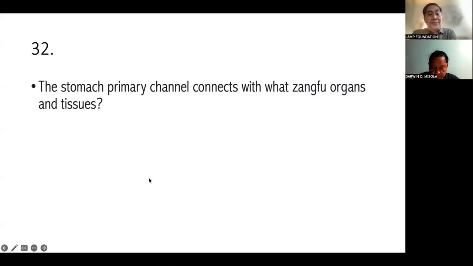When you have a stomach problem, your nose turns red. So it also connects to the nose, the eyes, and also the mouth, of course. That's why you get canker sores. Upper teeth, remember, it also connects with the breast and the diaphragm. Right? It passes through the breast.